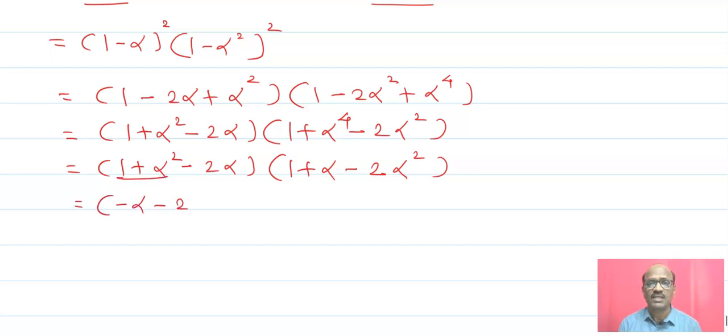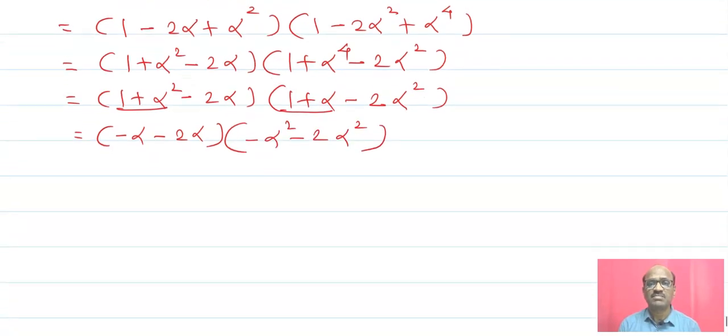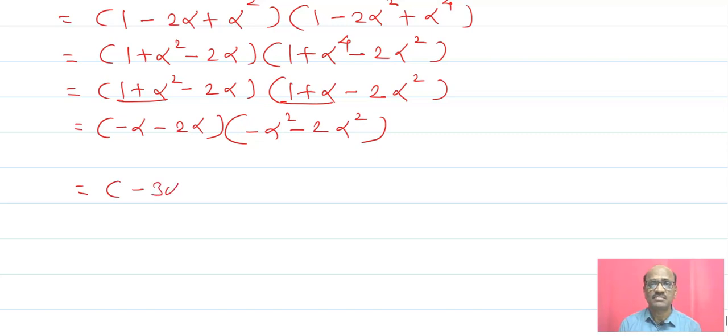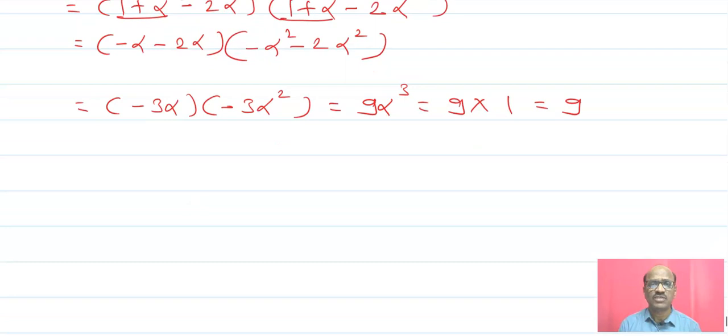Therefore 1 plus alpha square is minus alpha, minus 2 alpha. 1 plus alpha means minus alpha square, minus 2 alpha square. And this is minus 3 alpha square. And minus minus will become plus 9 alpha cube. 9 into 1, that is equal to 9. And hence it is proved.